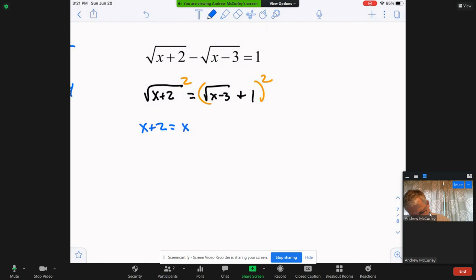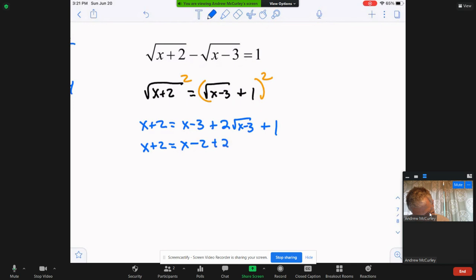That's going to be x minus 3 plus 2 square root of x minus 3 plus 1 times 1, which is 1. Let's clean that up a little bit. That's going to be x plus 2 equals x minus 2 plus 2 square root of x minus 3.